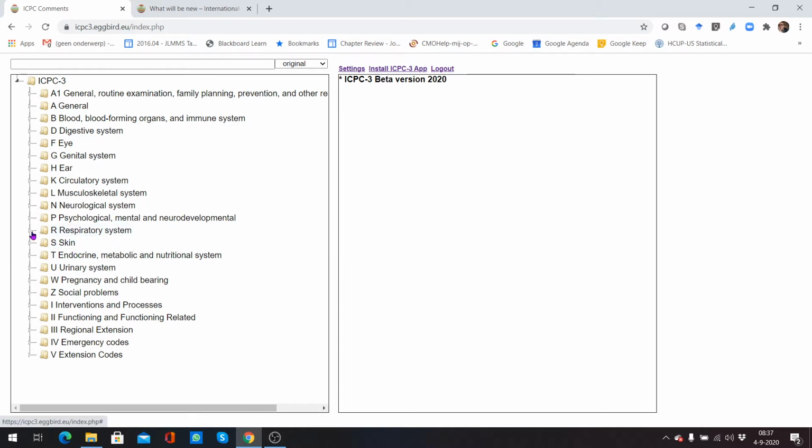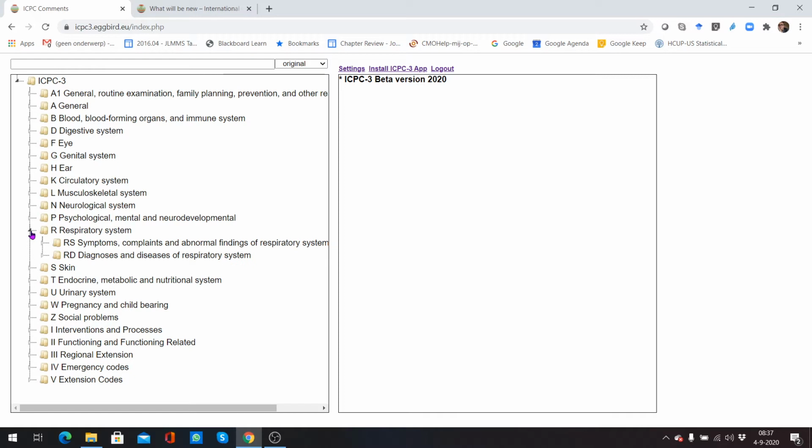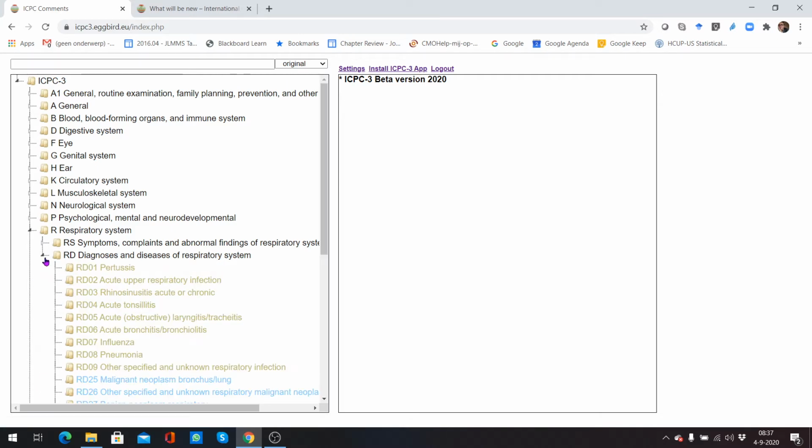By clicking on the triangle in front of it, the folder opens and you see the components RS and RD, where S stands for symptom complaints and the D for the diagnosis. Then click on RD, triangle again. For example, you see RD01, pertussis, whooping cough, the first one, in the disease component.